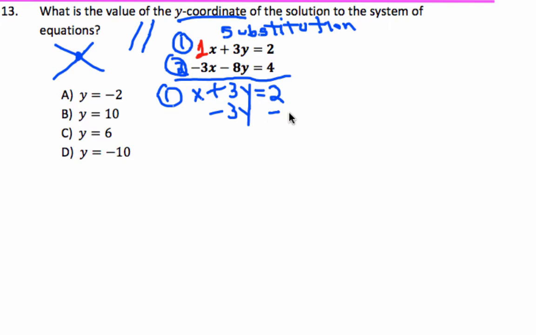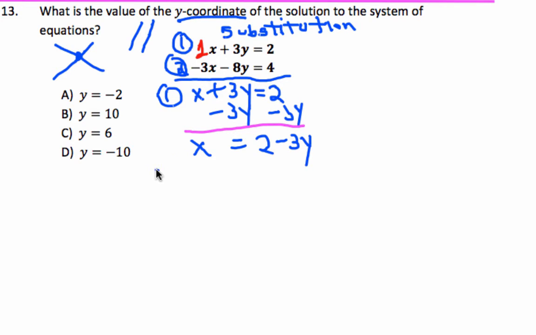So I subtract 3y from both sides to isolate the x, and the result is x equals 2 minus 3y.